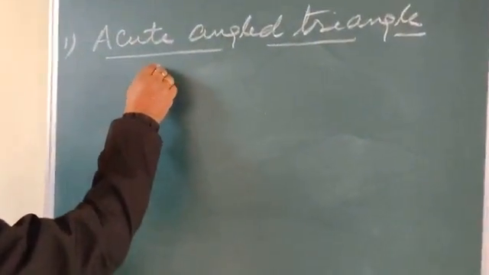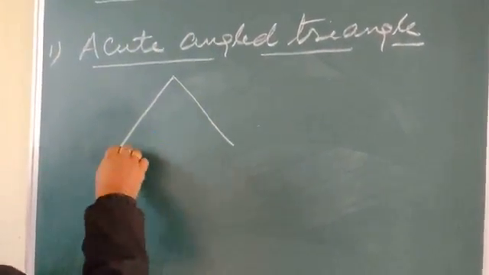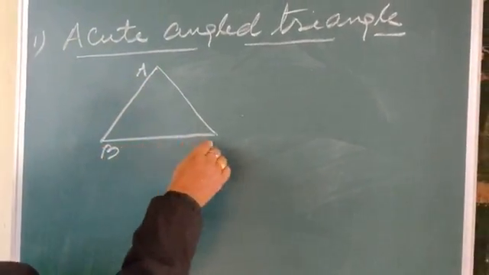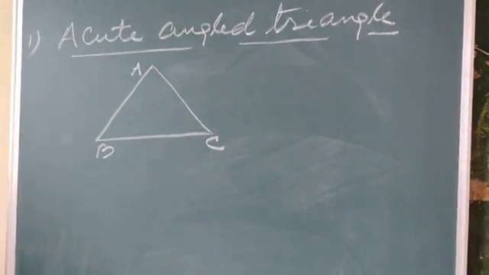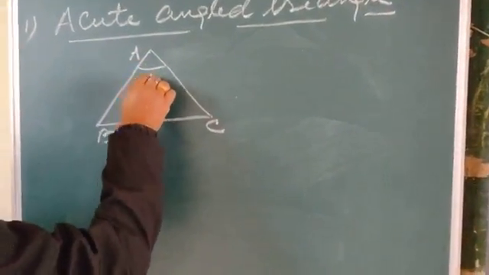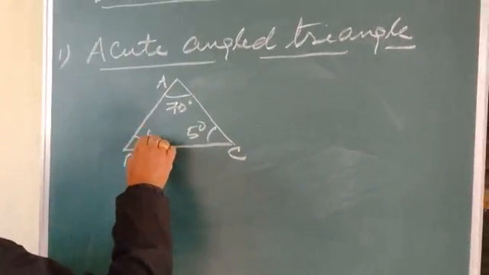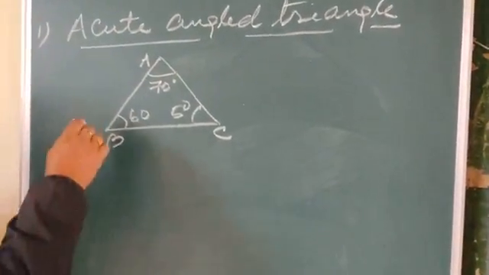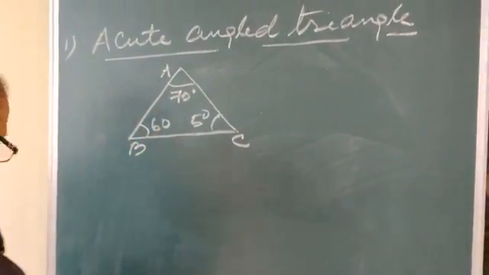Let us see, for example, draw a triangle here, ABC. Suppose this angle is 70 degrees, this is 60, this is 50. So all angles are acute, that is less than 90.